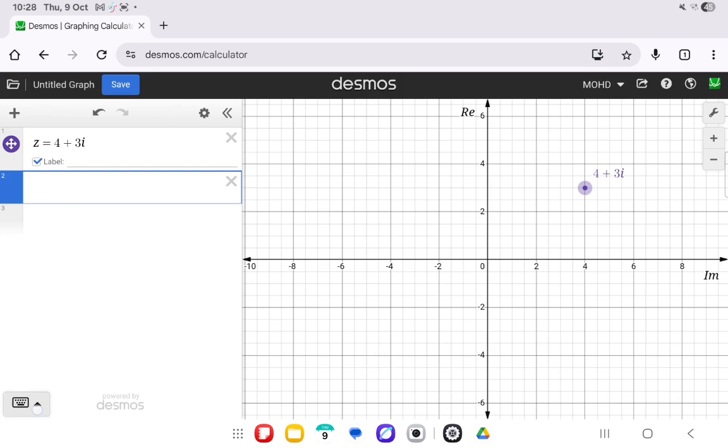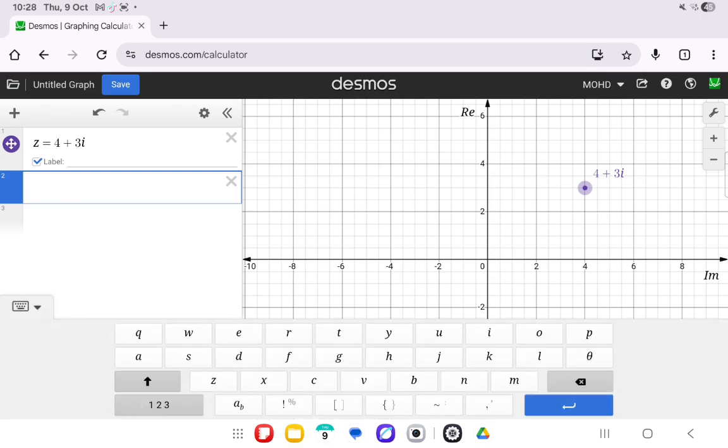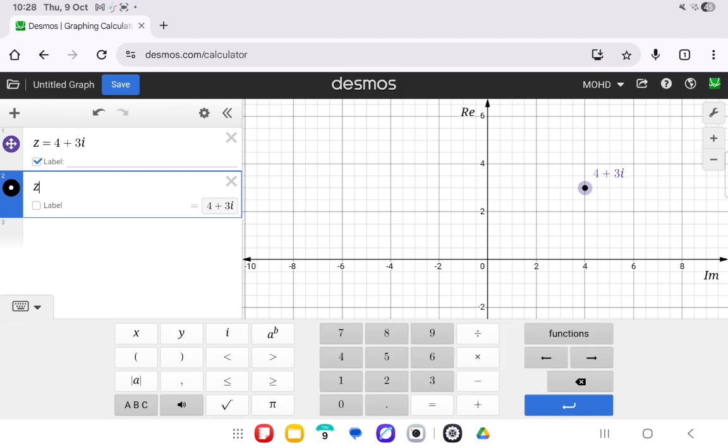If you just put z equal to 15 in Desmos, it will not treat it as a complex number. So you need to write a complete standard form. 15 is the real part, and we have to add the non-existing imaginary part, which is 0i.